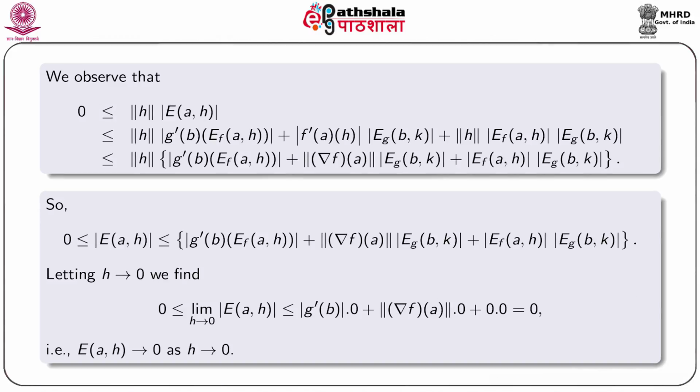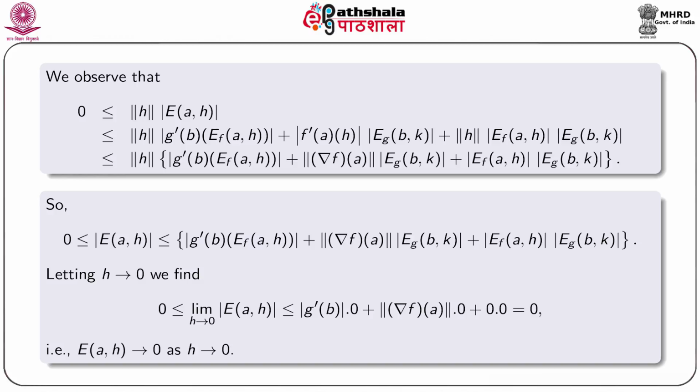Now, we calculate the term norm H modulus E(A,H). Clearly, it is non-negative. Applying the triangle rule, we can find that it is less or equal to norm H modulus g'(B) E_f(A,H) plus mod f'(A)H mod E_g(B,K) plus norm H mod E_f(A,H) mod E_g(B,K). If we consider the middle term in the right hand side, it contains f'(A)H.